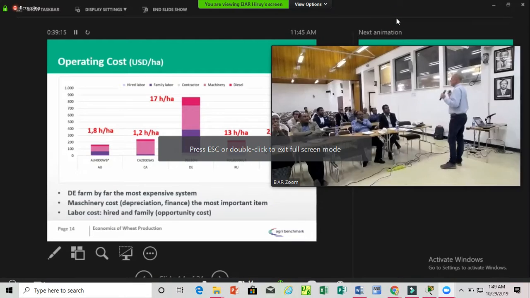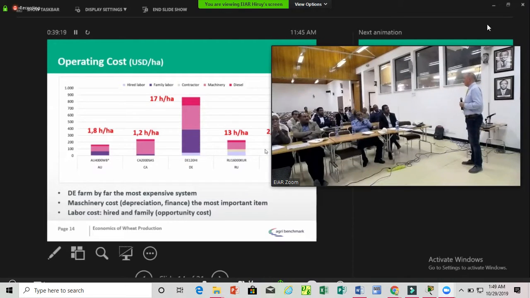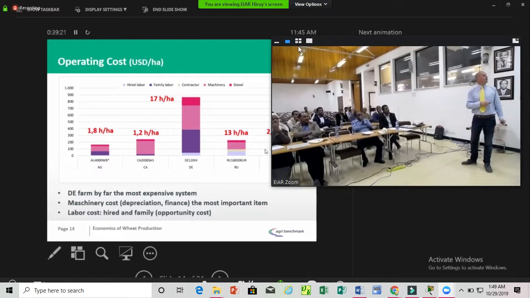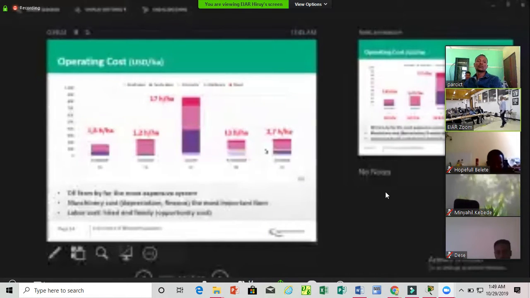Everybody else is predominantly based on family labor. So just take this example of this farm here. This is a 4,000 hectare farm. That's one family with part-time people coming in during season.